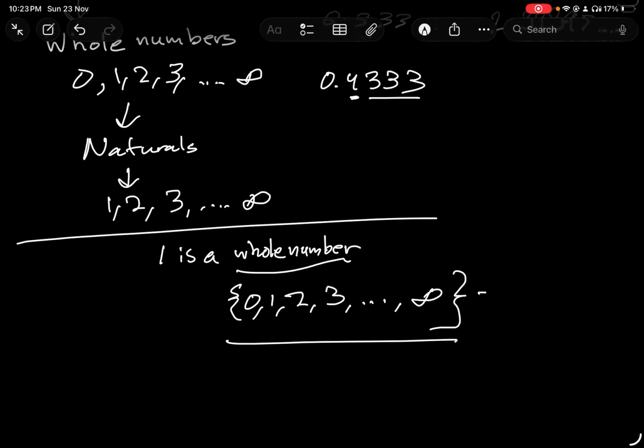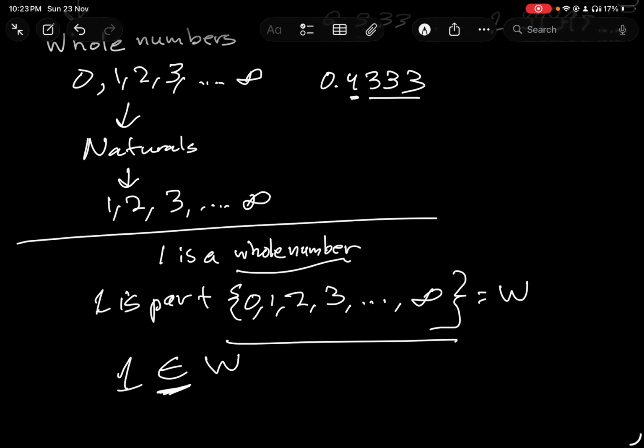So the set of all whole numbers is often called W. And if you want to say 1 is part of this set, we can also say in mathematical notation, 1 belongs to W.